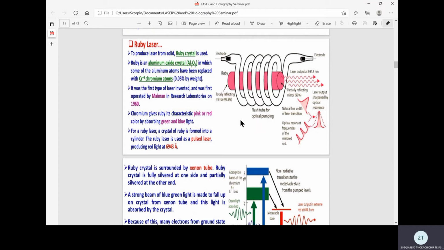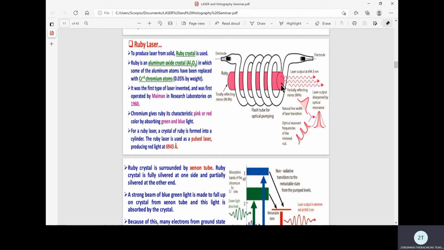So if we have to talk about what is optical pumping, it is nothing but supplying extra energy to make the atoms in this ruby rod get excited. That is optical pumping. So here is the construction of this ruby laser experiment.